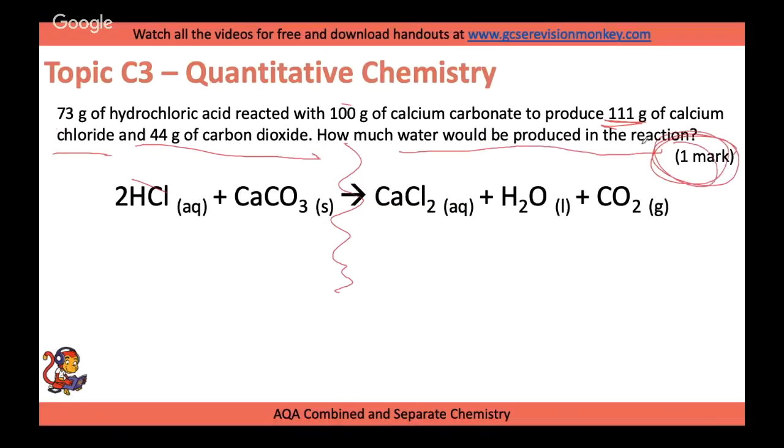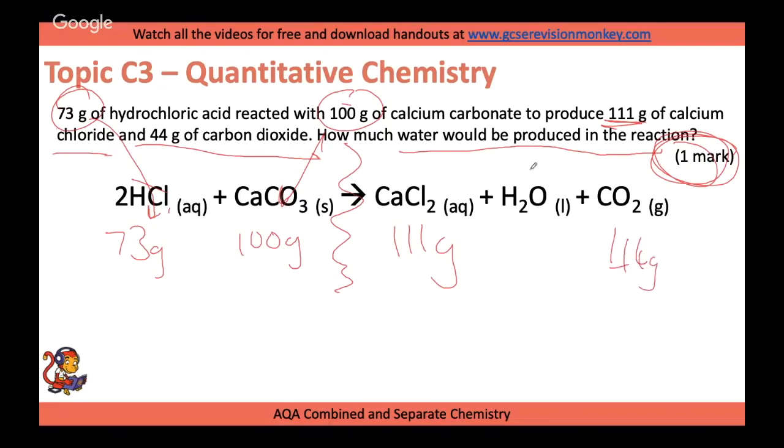But look at the marks. It's only one mark. So we take the information from the question down here. So 73 grams of hydrochloric acid reacts with 100 grams of calcium carbonate to produce 111 grams of calcium chloride and 44 grams of calcium oxide. So that leaves out this. That's what we need to work out.